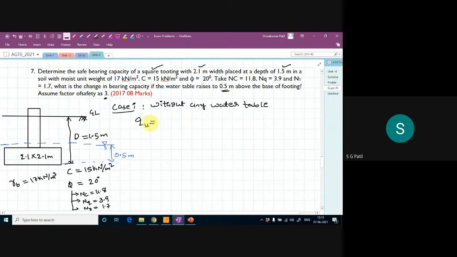So Q ultimate equal to 1.3 CNC plus QNQ plus 0.4 gamma B N gamma. So 1.3 into what is the cohesion they given? 15. 15 into what is NC they given? 11.8.